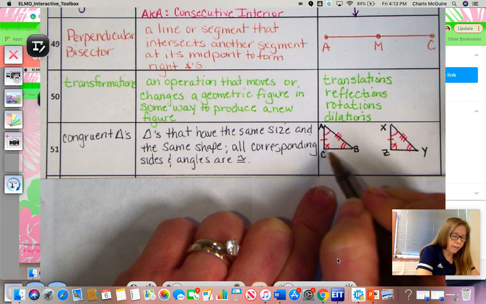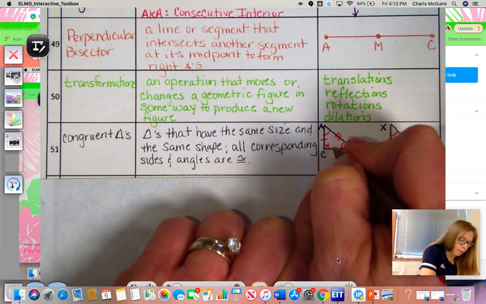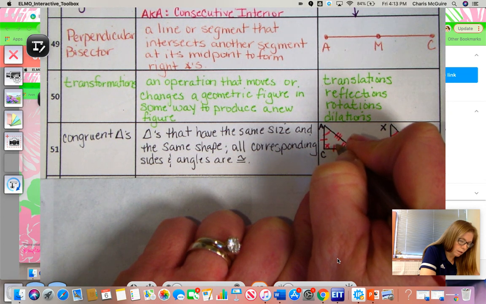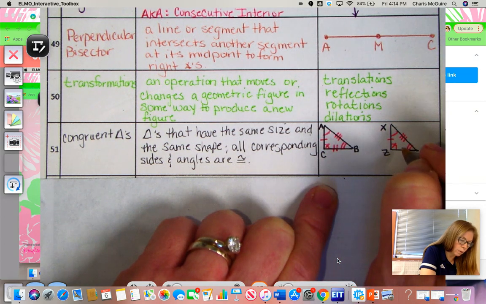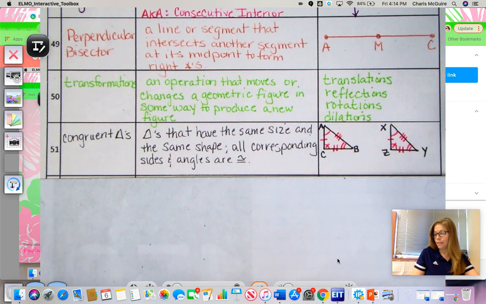All right, and then finally, the last two sides, CB, is going to be congruent to ZY. All right, so that's a lot of different things going on in the triangle. So you have 6 different things that are corresponding and congruent, 3 angles and 3 sides. So that's what we're working with is a definition of congruent triangles.